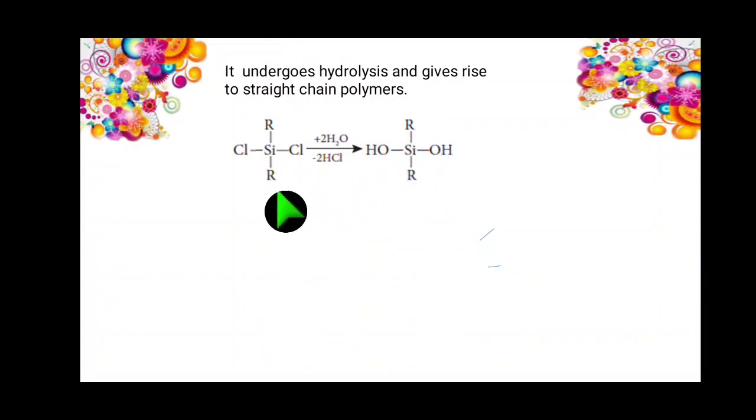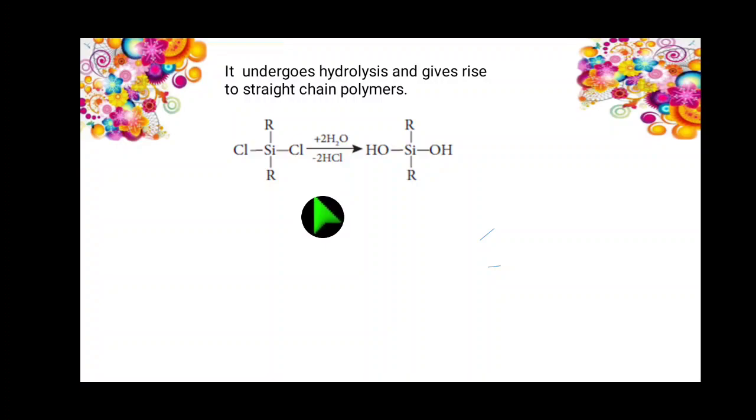First I write dialkyl dichlorosilane, around this silicon 4 bonds, dialkyl dichloro, right? It undergoes hydrolysis, water is added. So what will happen?